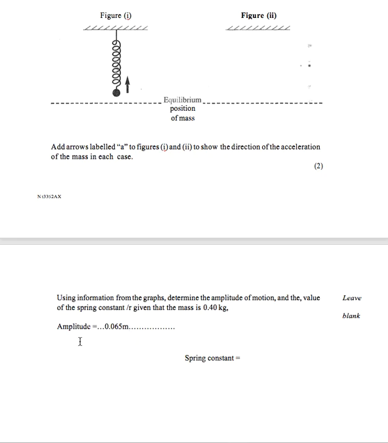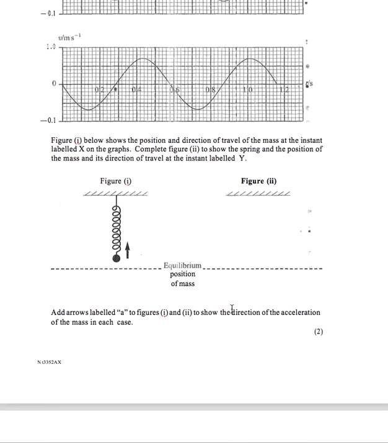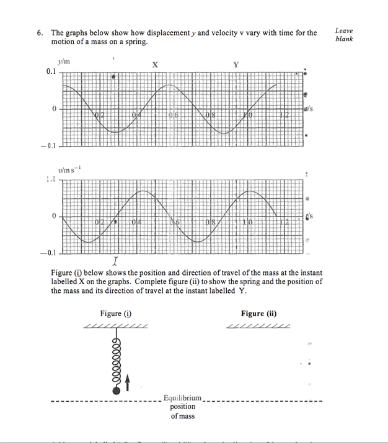Now the spring constant. Well, what do we know? We know the amplitude now. We know the mass. Up here, looking at this, we can get the period of oscillation from either of these graphs. We can get the maximum velocity, or indeed any velocity we like, but the maximum velocity would be handy.